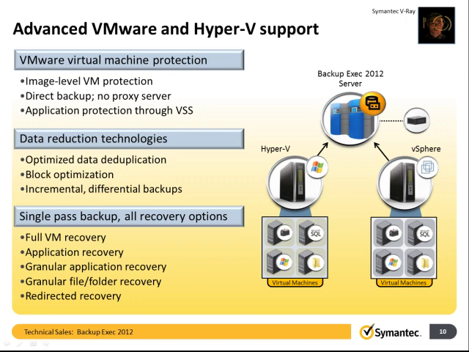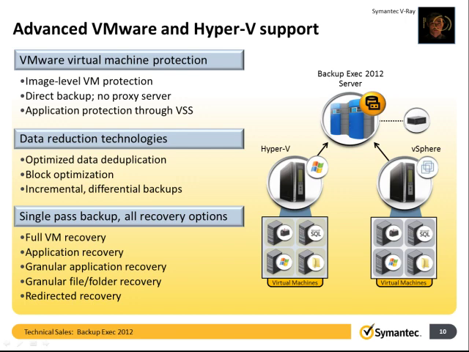Next, the deduplication technology has been optimized for both VMware and Hyper-V, which allows the new version 2012 to understand what those virtual disk files contain and is able to deduplicate them more effectively. Next, it also now supports block optimization. What does that really mean?